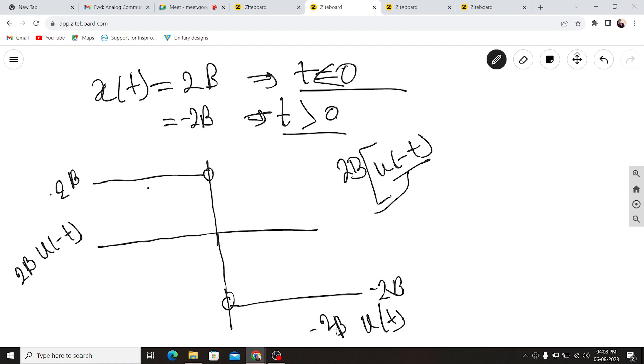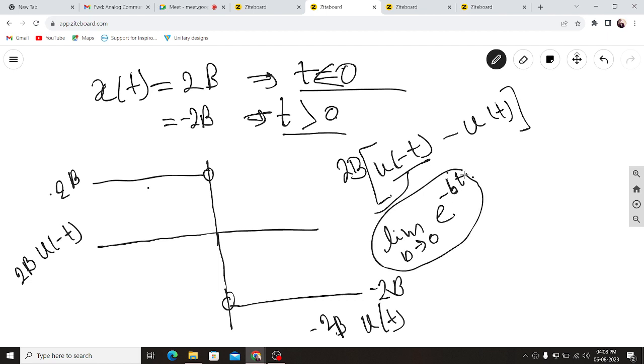Combining these two equations, with limit b tends to 0 of e to the power minus bt, as b tends to 0 this function will have a value 1.